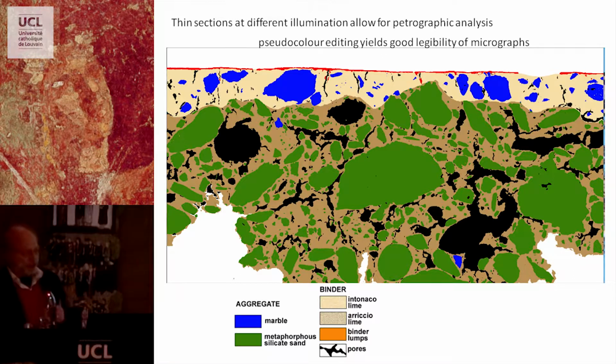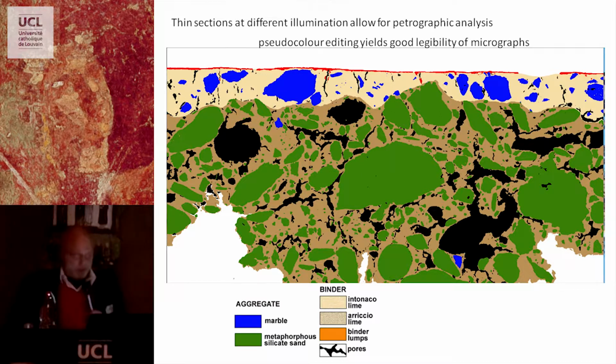It's not well sorted, and it is the typical petrographic composition of the hinterland of Ephesos, which is mesozonal metamorphic rocks. And there are embedded some marbles, and you know Ephesian marble has played a role also in antiquity, but most of the country rock is silicate rock.